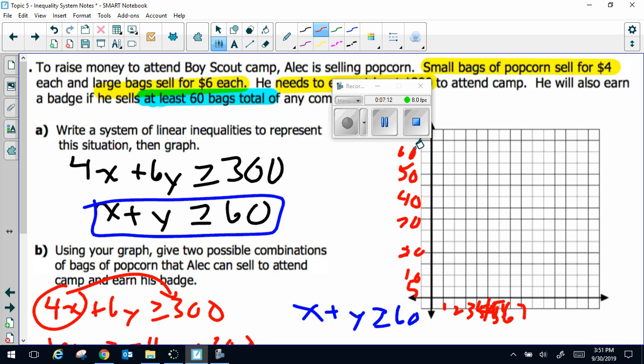So if you graph this, okay, the y-intercept would be 60 for the blue line. I went down 1 and over 5 because that's technically going down 5 over 5 because I'm going by 5s on that. And everything needs to be bigger than that, so that would be up here.